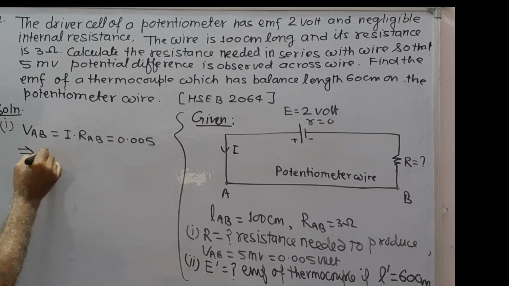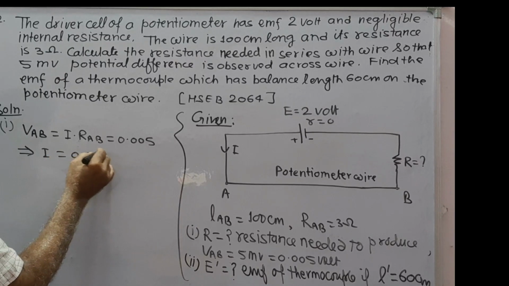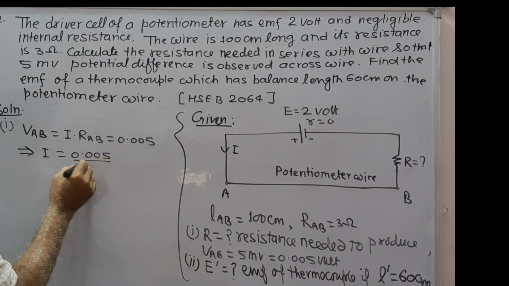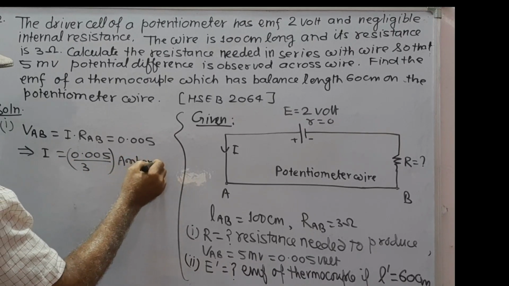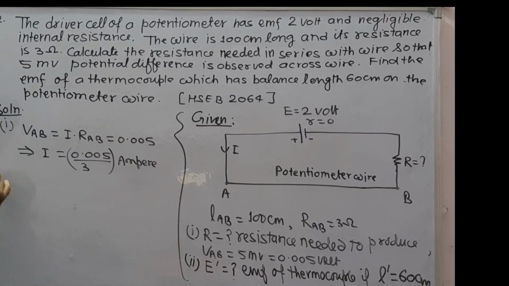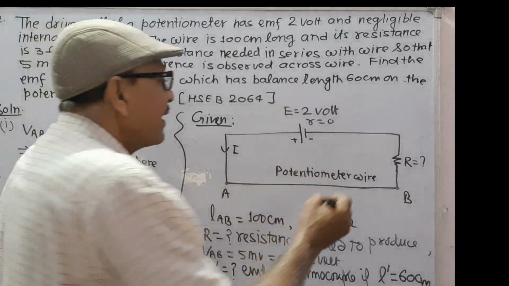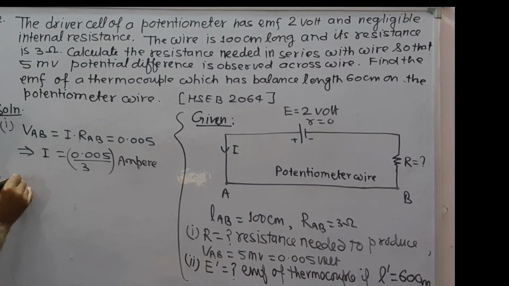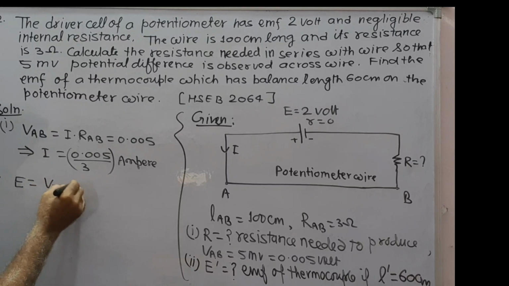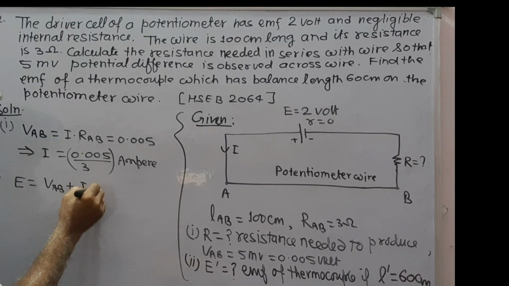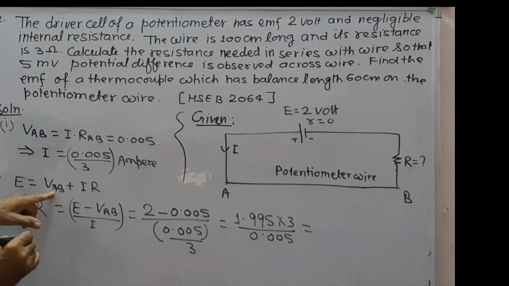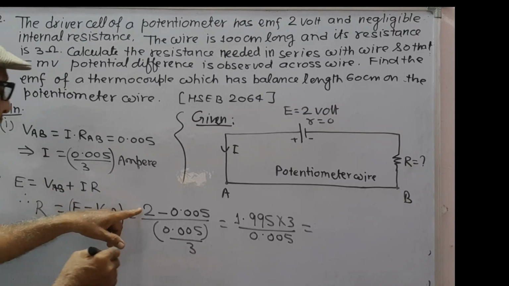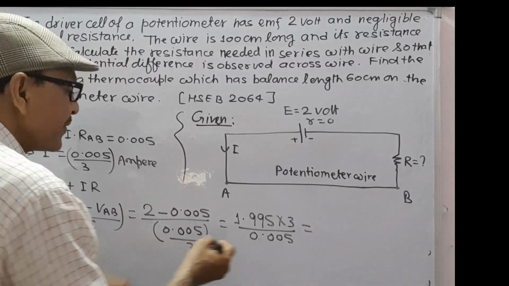This gives I as 0.005 upon 3 ampere. Therefore, E will be equal to VAB plus I into R. Therefore, R will be equal to E minus VAB upon I.